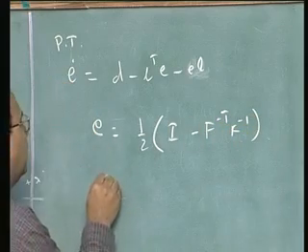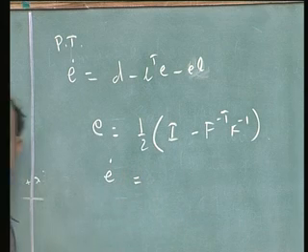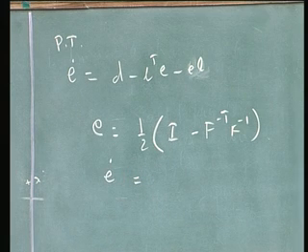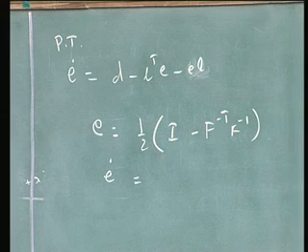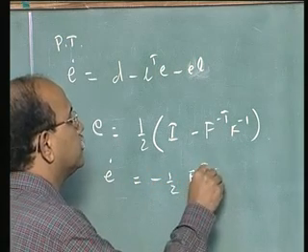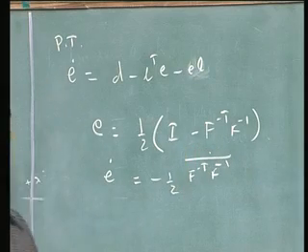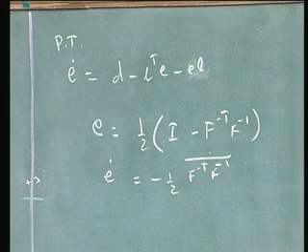So I am interested to determine what E dot is. Let's see. Continue with that. Obviously the first term will not be there, so this will be half of F transpose T F, the whole of which is to be differentiated with respect to time.